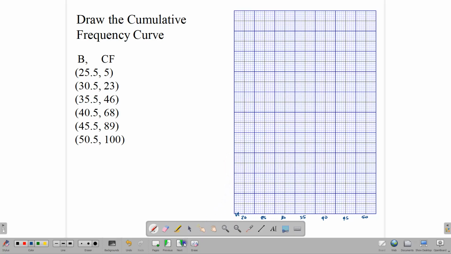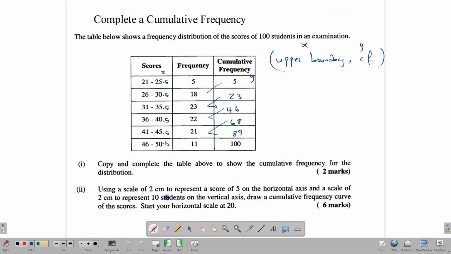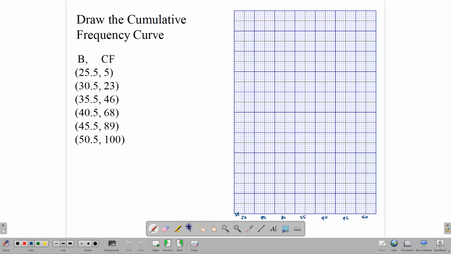Our scale on the y-axis was 2 centimeters to 10. So let's put that in. So here we go, 10, 20, 30, 40 here, 50, 60, 70, 80, 90, 100.